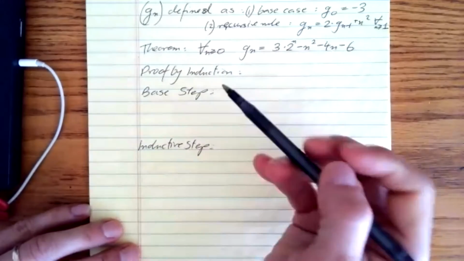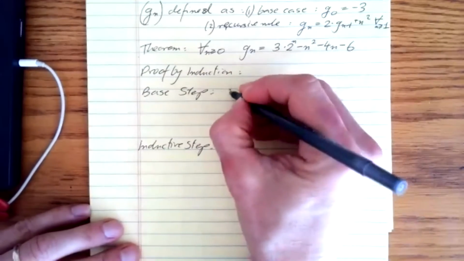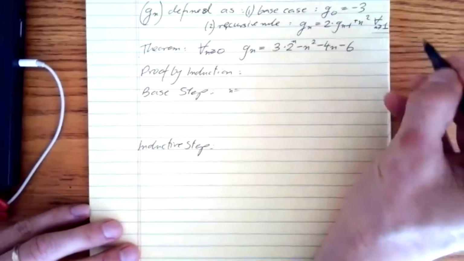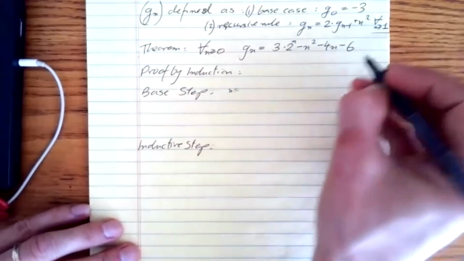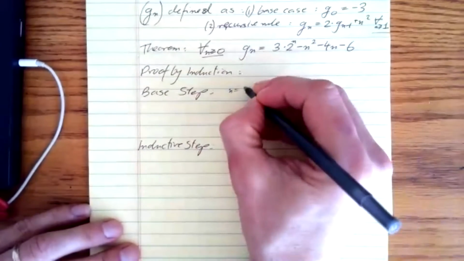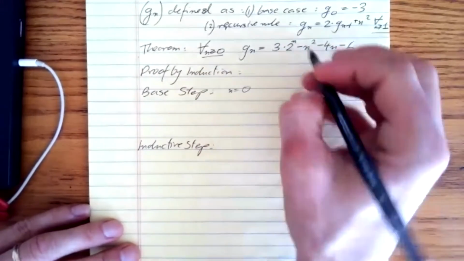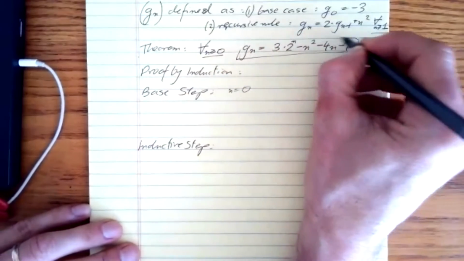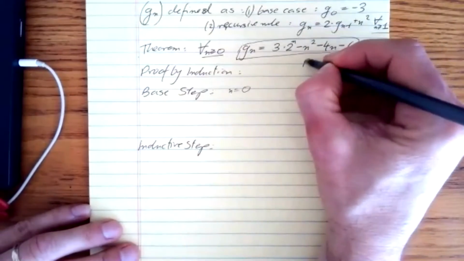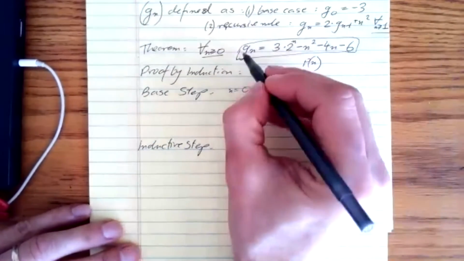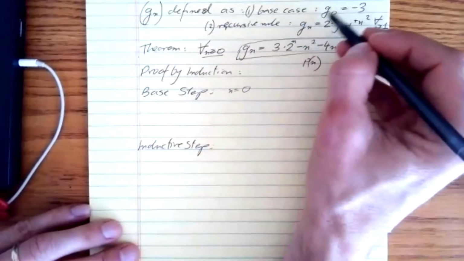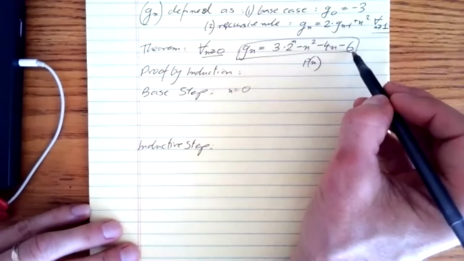So, proof by induction. Base case is n equal to 0. And this is a predicate, Pn. The Pn says that this sequence defined recursively has this closed formula.